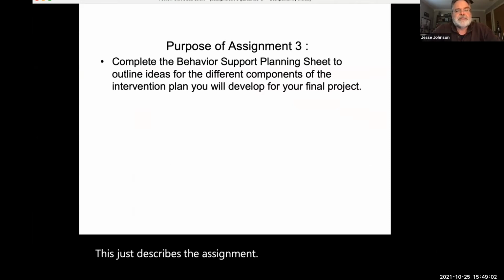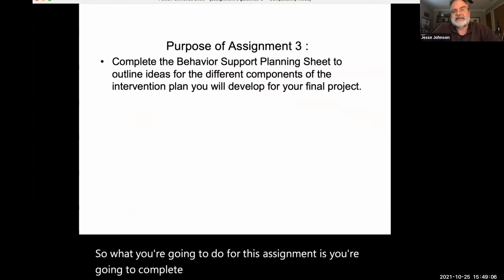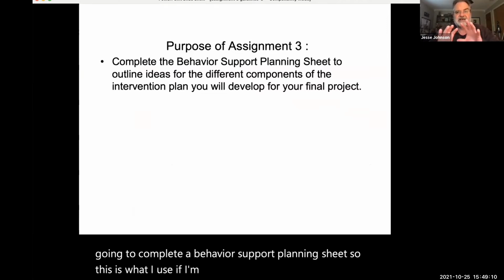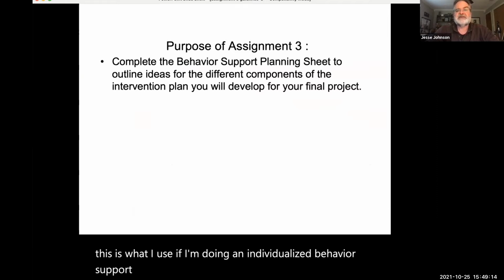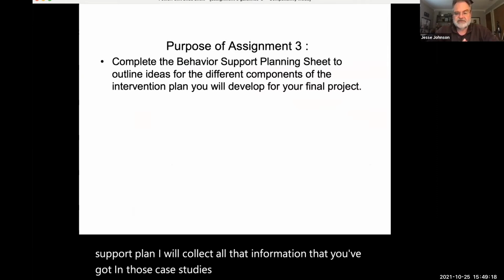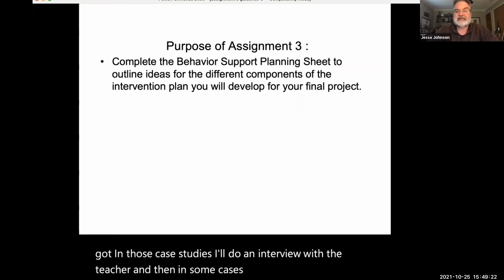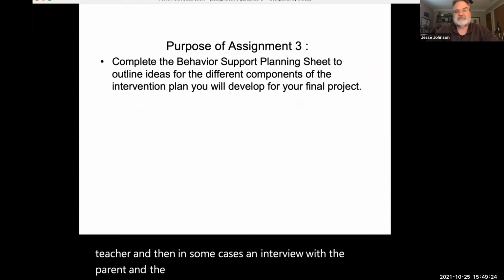So what you're going to do for this assignment is you're going to complete a behavior support planning sheet. This is what I use if I'm doing an individualized behavior support plan. I will collect all that information that you've got in those case studies. I'll do an interview with the teacher, and then in some cases, an interview with the parent and the student, depending on who the student is.